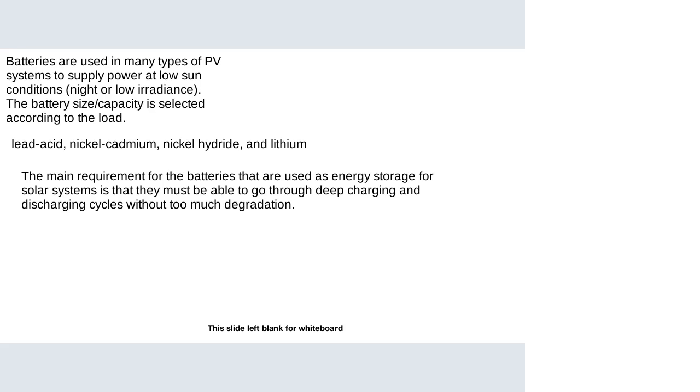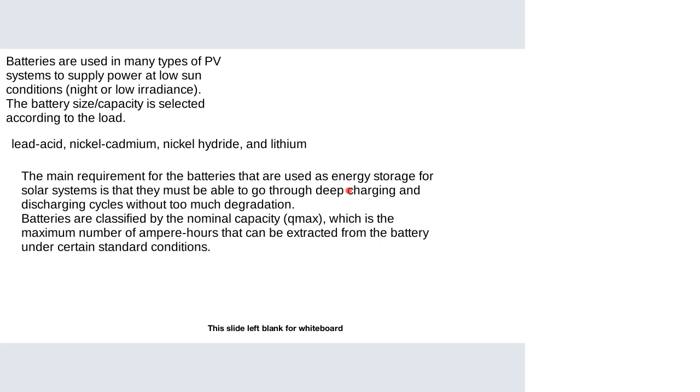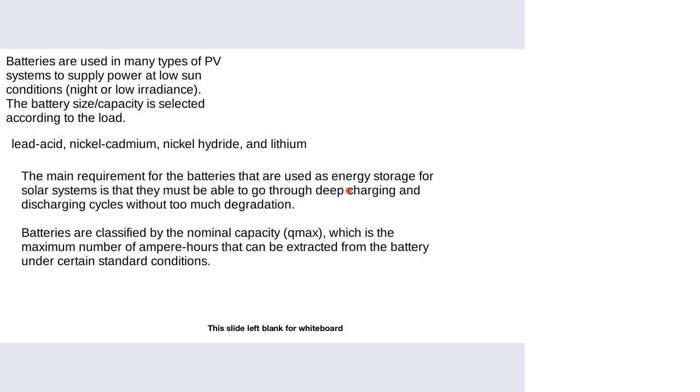That is the nominal capacity. So when you're told to define nominal capacity, you just say this is the maximum number of ampere hours that can be extracted from the battery under standard conditions.